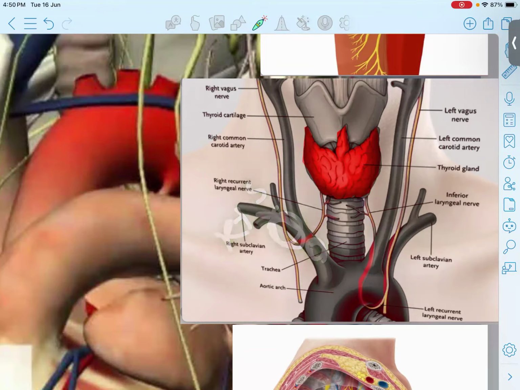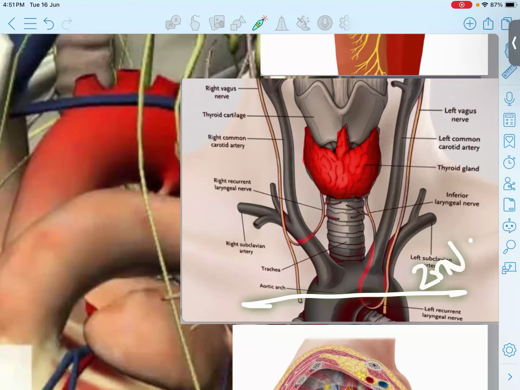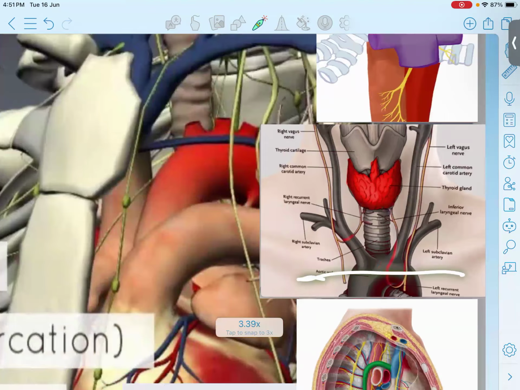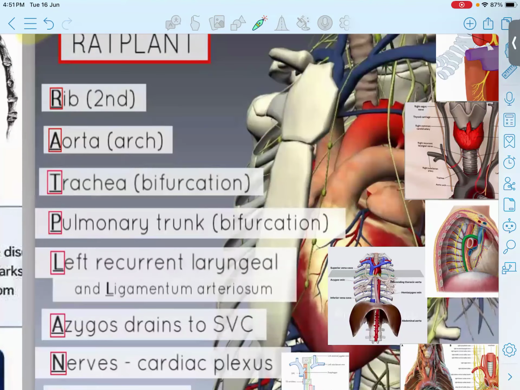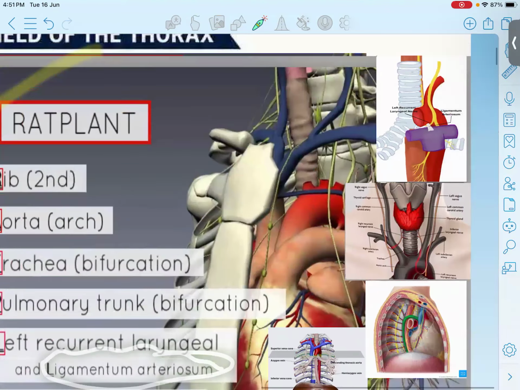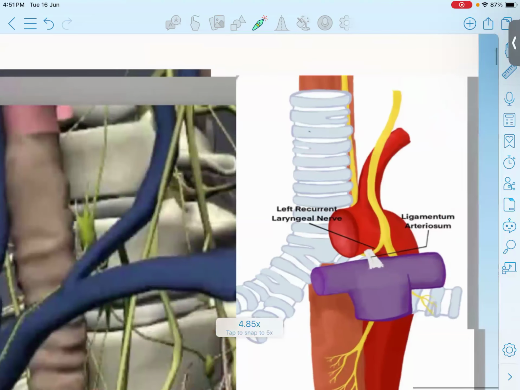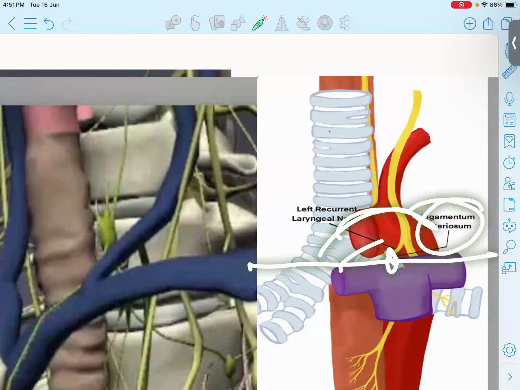You have to know this, because many questions come from this concept. So the right recurrent laryngeal nerve circles around the right subclavian artery, and the left recurrent laryngeal nerve circles around the arch of aorta at the second costal cartilage level, equal to the sternal angle. Where is the ligamentum arteriosum? Just here, next to the arch of aorta.